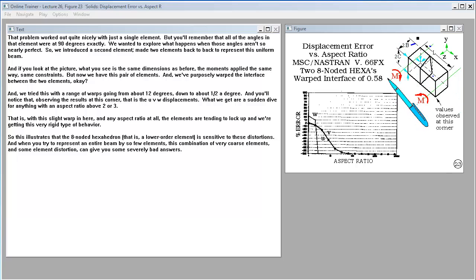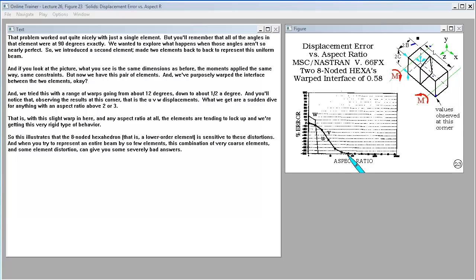Okay? And we tried this with a range of warps going from about 12 degrees down to about 1/2 degree. And you'll notice that, again, observing the results at this corner, that is the UVW displacements, what we get are a sudden dive for anything with an aspect ratio above 2 or 3. That is, with this slight warp in here, and any aspect ratio at all, the elements are tending to lock up, and we're getting this very rigid type of behavior.